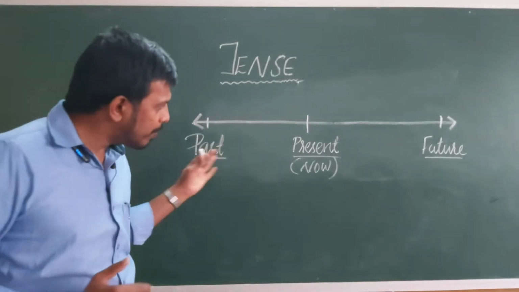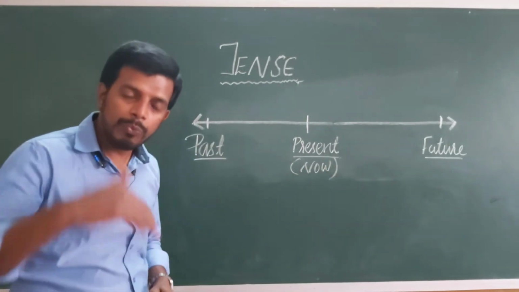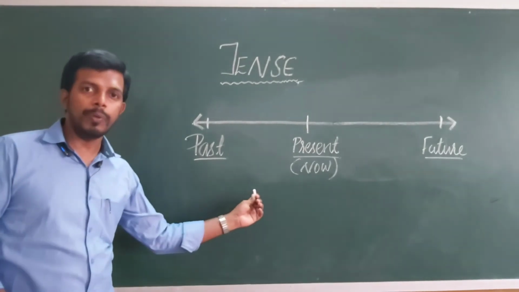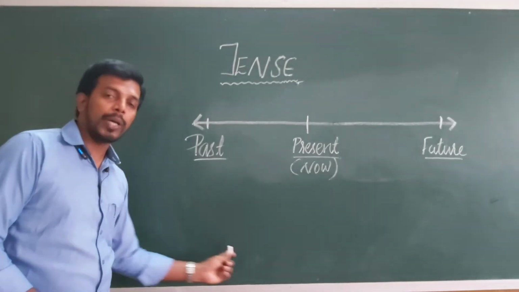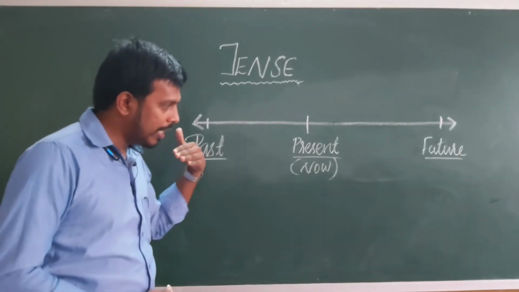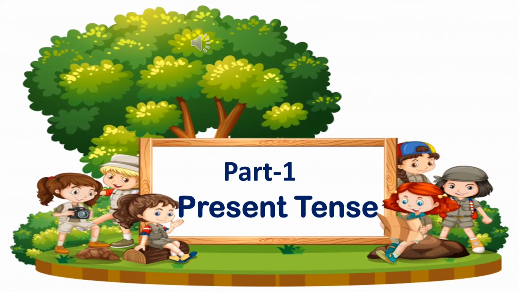And each of these tenses has been further divided into four subcategories: simple, continuous, perfect, and perfect continuous, as you can see here from the given table. Now let us begin with our first topic, present tense.